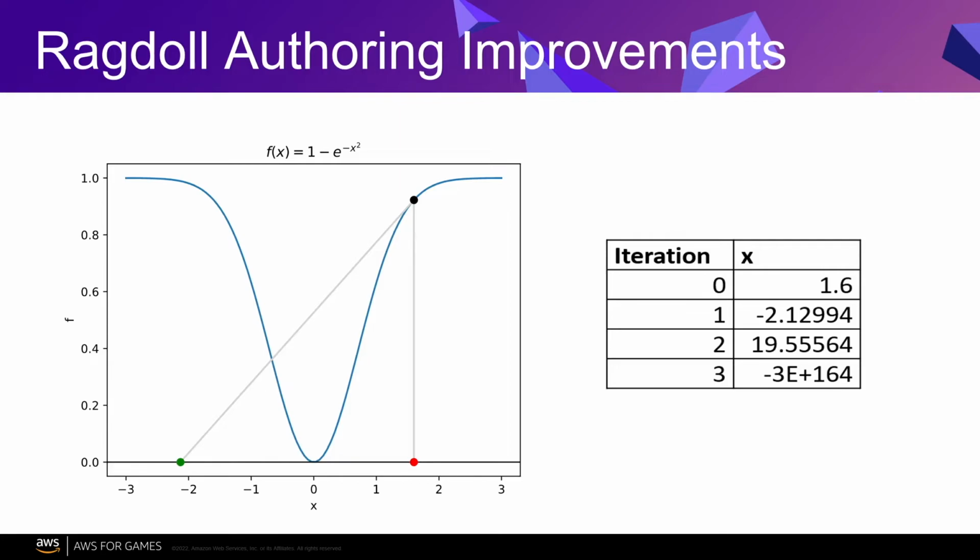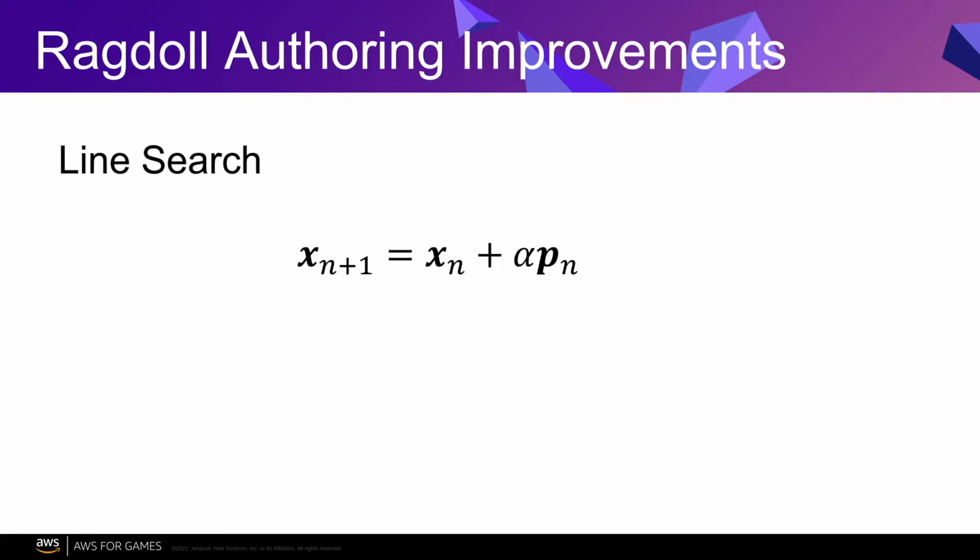This is a kind of pathological example, but you can see the gradient at the first iteration is enough to cause the second estimate to be further away from the solution, and then after that it kind of blows up.